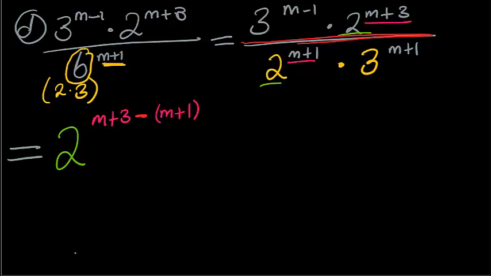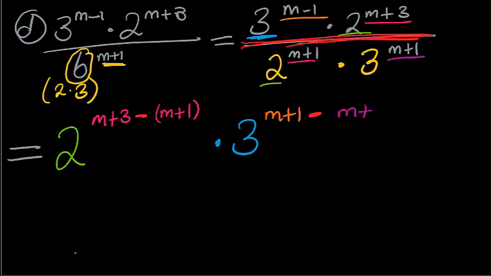Okay, and then let's do 3 as our base. So this is times 3. My numerator there is going to be m plus 1. And again, my denominator means I'm going to subtract. And my denominator is m plus 1 in brackets.